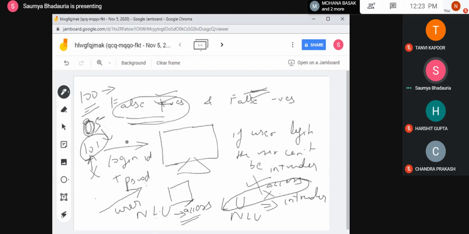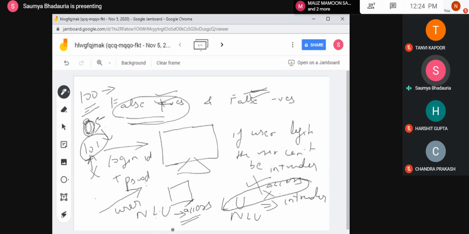False negative means that there actually was someone trying to break into the system who is technically a non-legitimate user, but they did so below the threshold of your brute force attack. Let's say you have a rule that for 10 failed logins into the system, you will block the user.